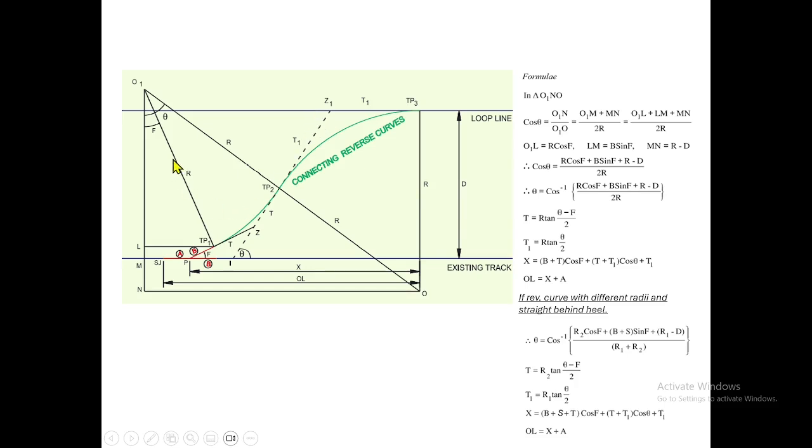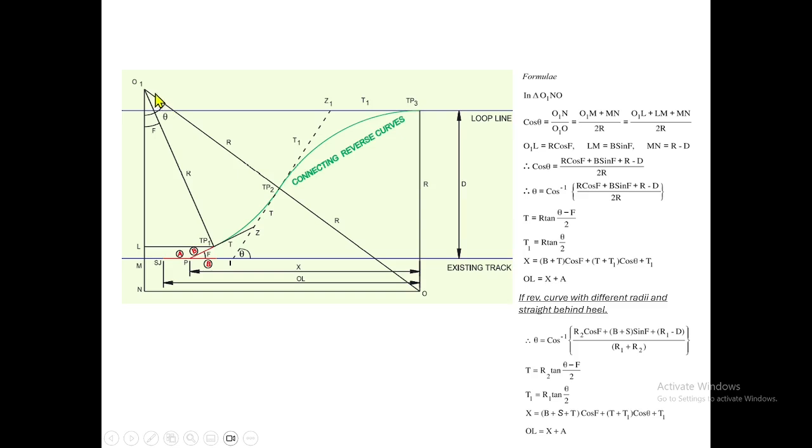And further, we are conveniently making some triangles from there, so we are able to get the required parameters, that is the deflection angle. So here, what we do, we make the triangle O1 N O. That means this is your common tangent, this is your common tangent point, this is the radius of this curve and the radius of this curve.